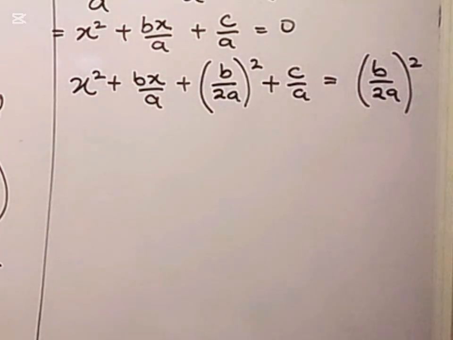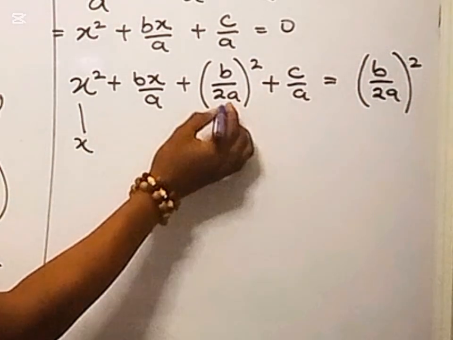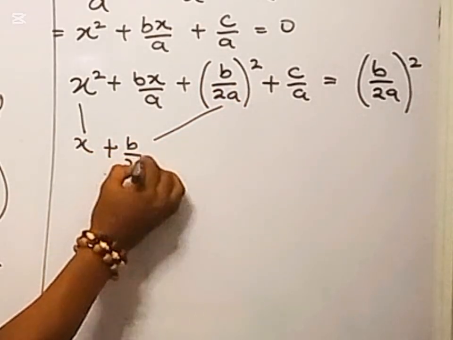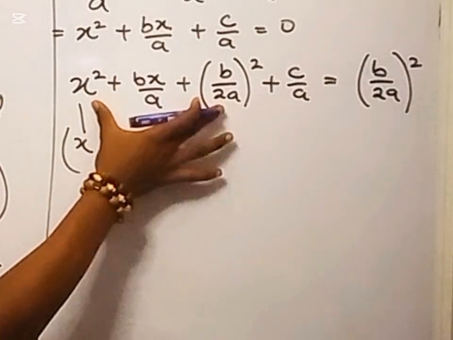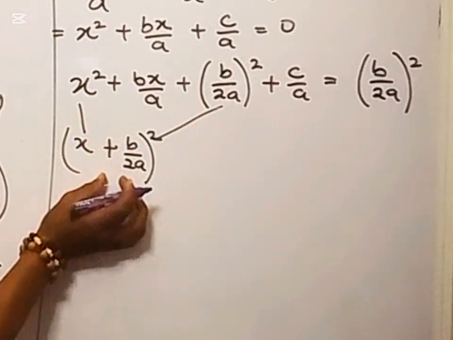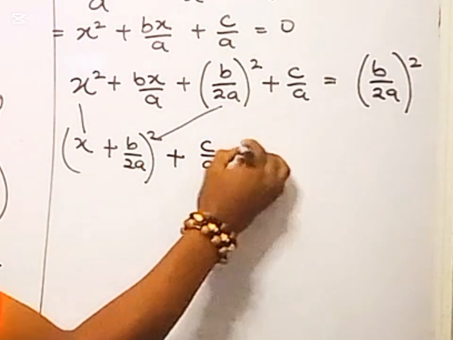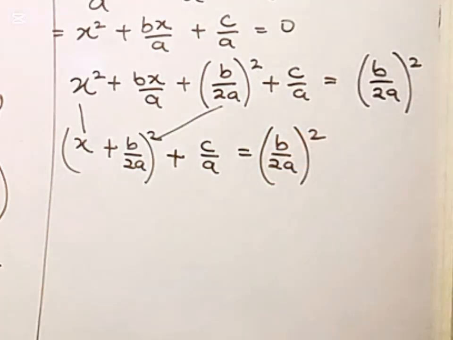At this point, you can now factorize. You bring your x down, and you bring down what is in this bracket, which is b over 2a, all squared. So you have been able to factorize these three expressions into this bracket. You continue plus c over a equals b over 2a all squared.